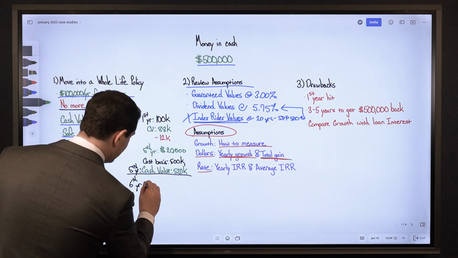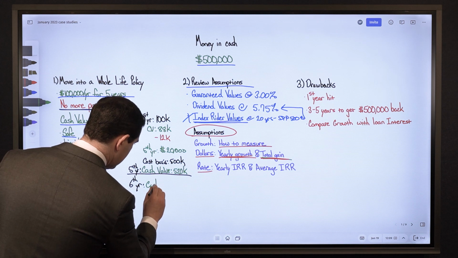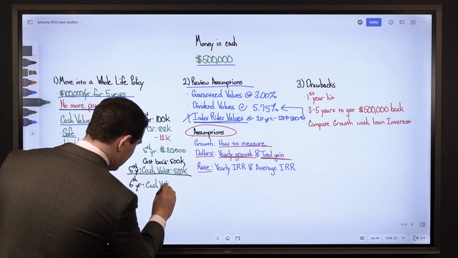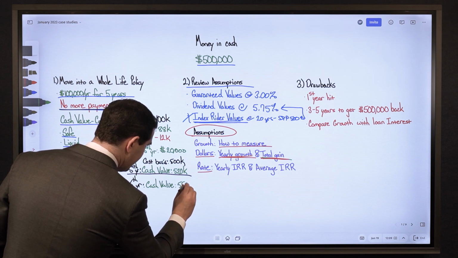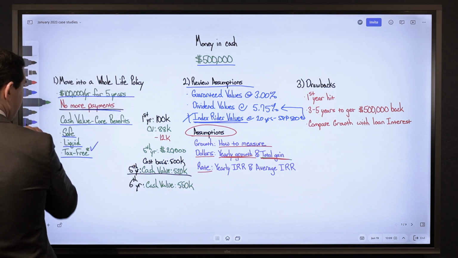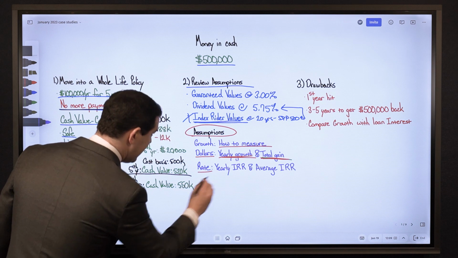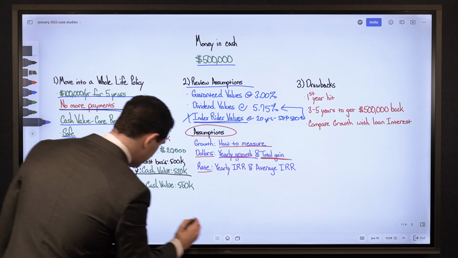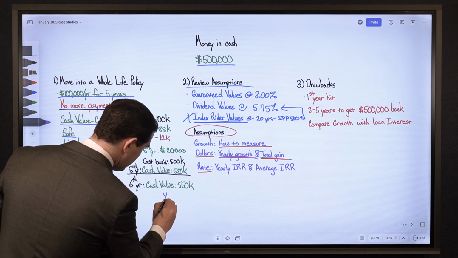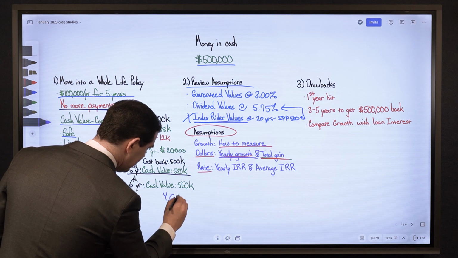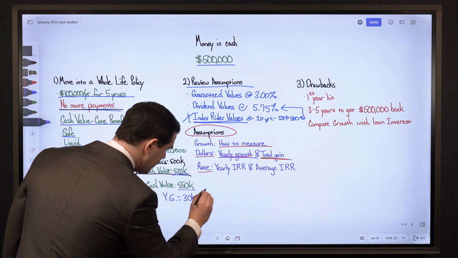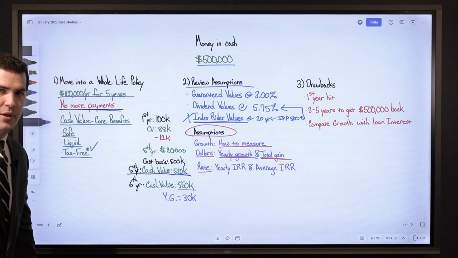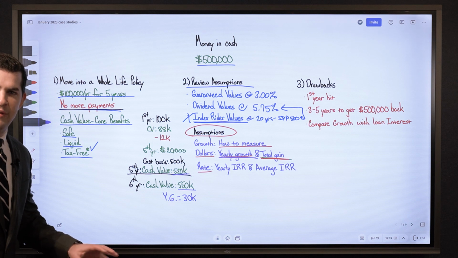So if your cash value at the end of year 6 is $550K, well, that means what? That means you have had yearly growth, just call it YG, yearly growth of $30,000, because it was 520 and now it's 550. Again, on the next video, you'll see everything laid out.